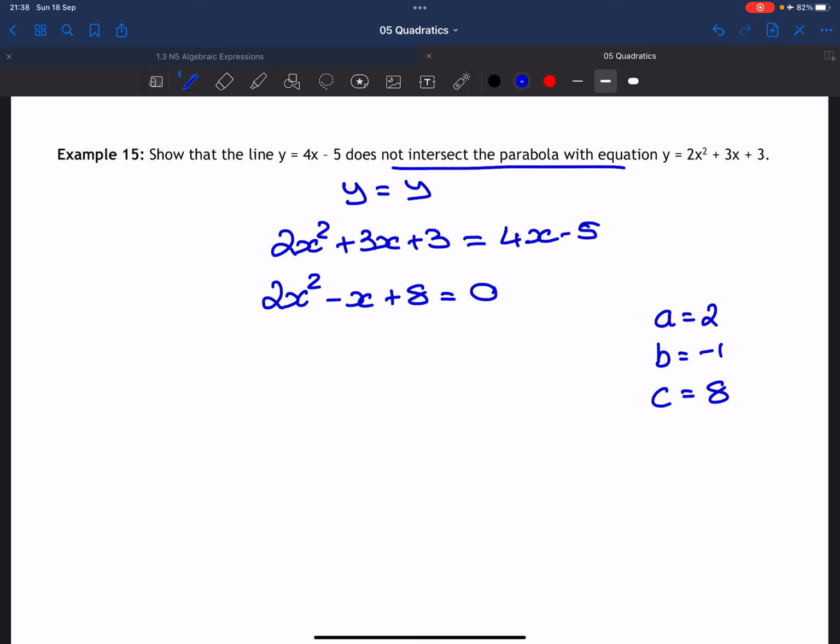So let's put it into our discriminant. b squared minus 4ac gives negative 1 squared minus 4 times 2 times 8. That's 1 take away 64, which is minus 63.